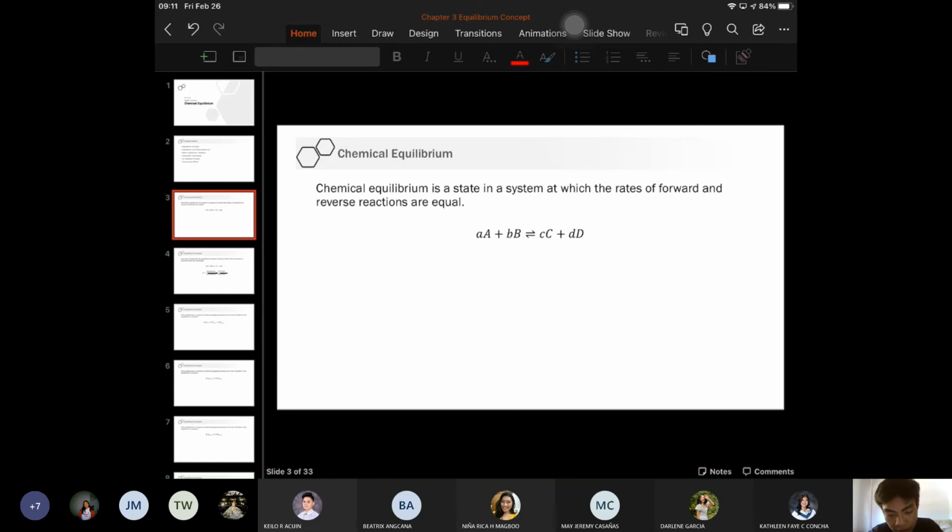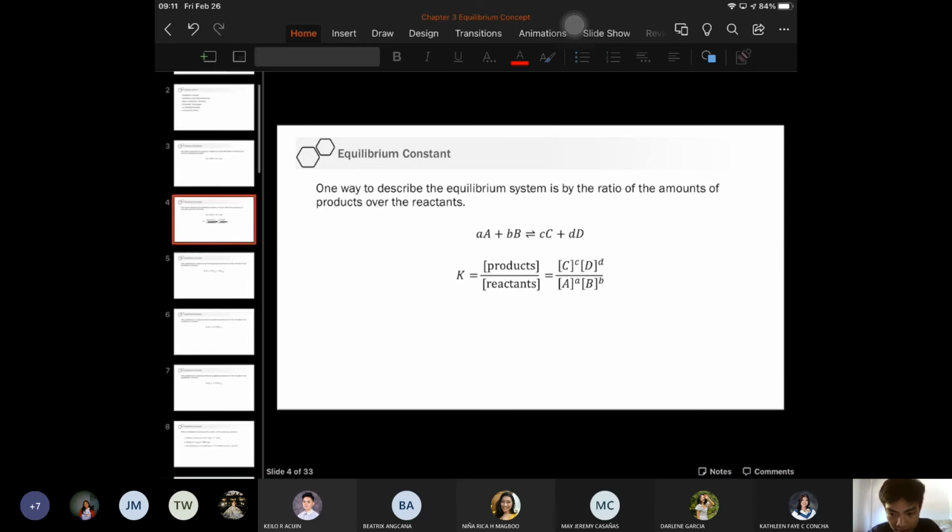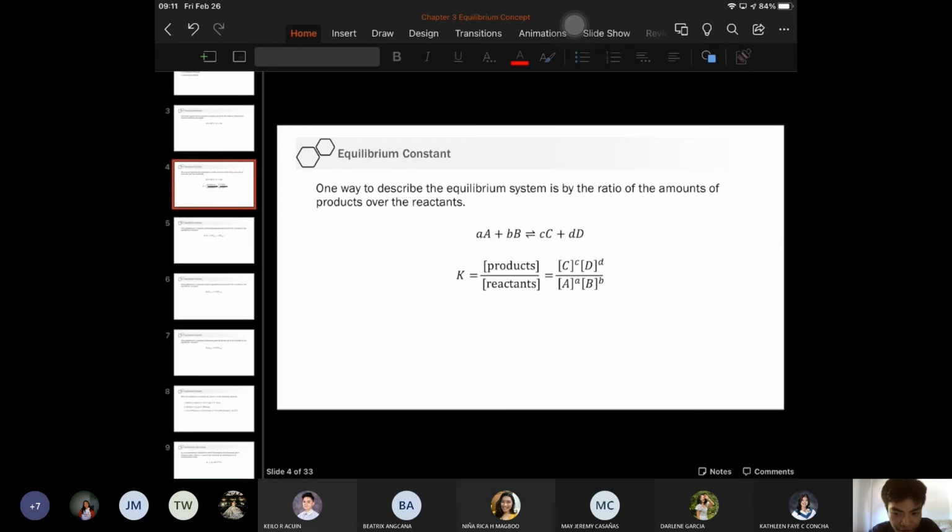We describe equilibrium systems with the equilibrium constant, which tells us the ratio of the amounts of products and reactants at equilibrium. In writing the K, we have two ways: Kc and Kp. Kc is when your products and reactants are expressed in molar concentration. Kp is when they are expressed in pressure units.